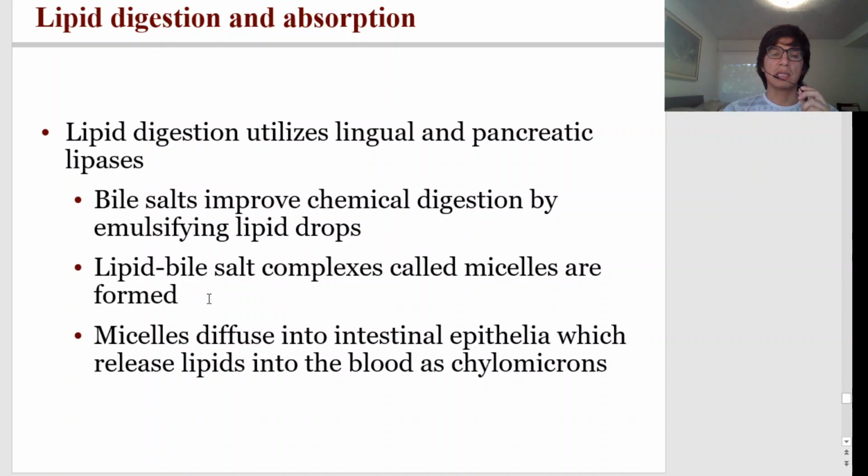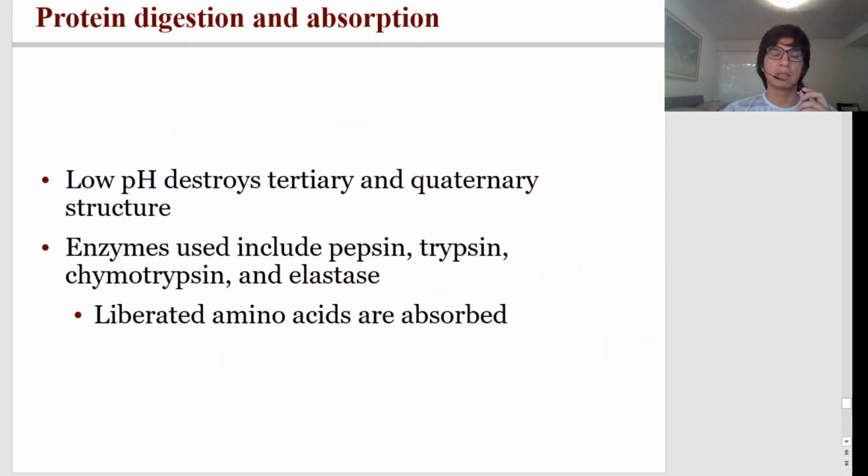These lipid bile salt complexes form micelles, which are smaller in size and easier to digest. These diffuse into the intestinal epithelia and eventually they mix with proteins and form chylomicrons.